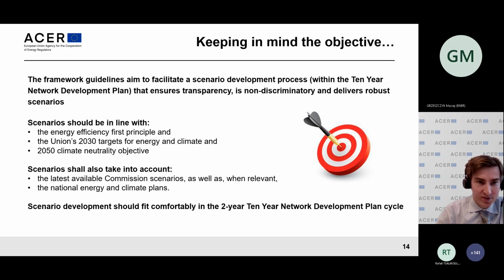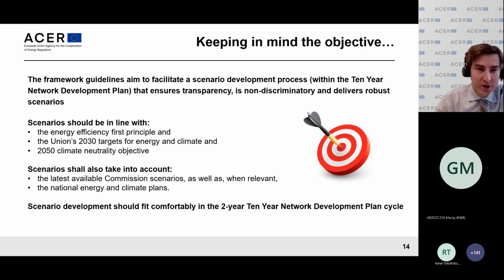That's why the scenarios need to meet those objectives. They need to take into account the energy efficiency first principle. They need to take into account Commission scenarios and also national energy and climate plans. And all of that needs to be done in the challenging timeline of the biennial 10-year network development plans. So that's a very challenging task.